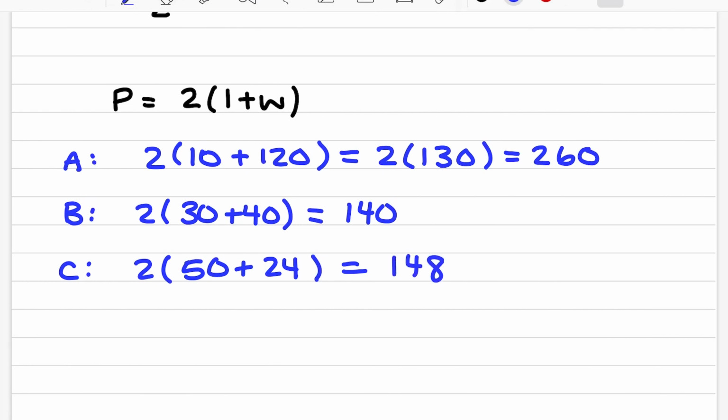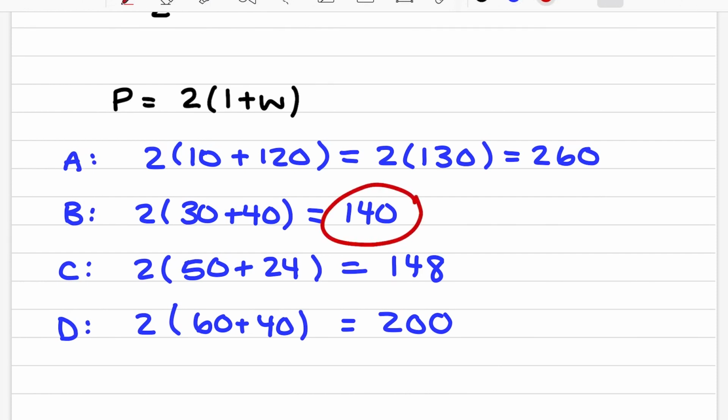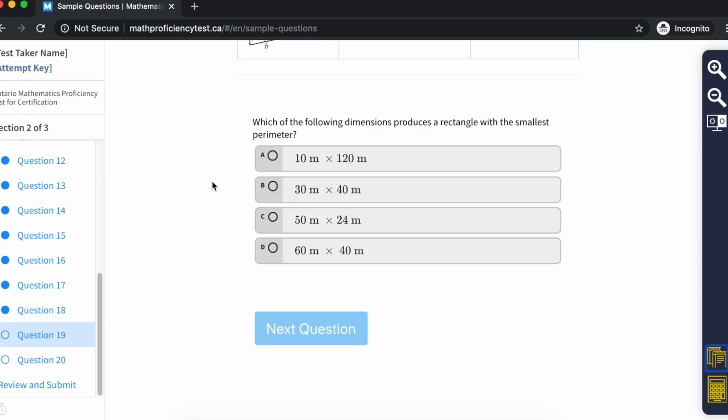Or our last option, 2 times (60 plus 40) is equal to 200. So then by comparing all of these, we see that 140 is the lowest answer. So that would be the smallest perimeter, and we can check B as our answer.